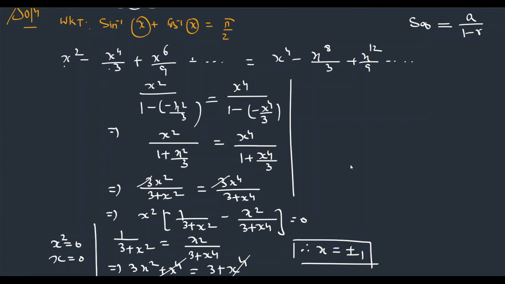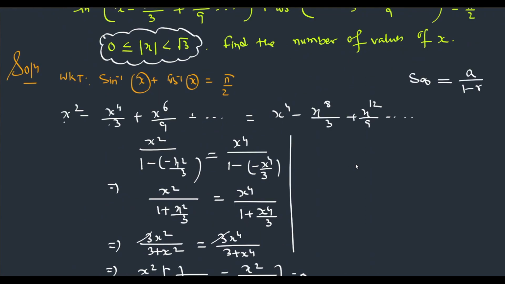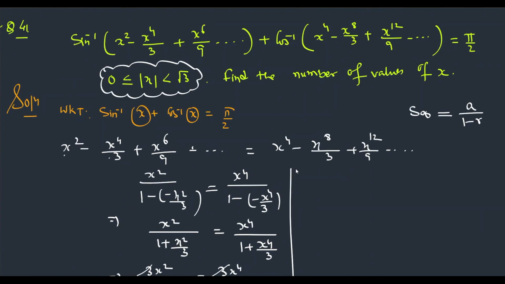So basically that's why the modulus was given, because minus 1 is also one of the solutions, and it will also satisfy. And the thing is, suppose here you are taking the common ratio r, which is equal to minus of x square by 3.